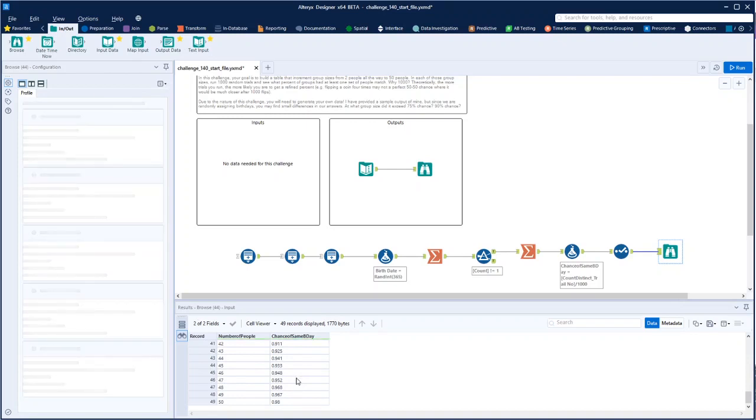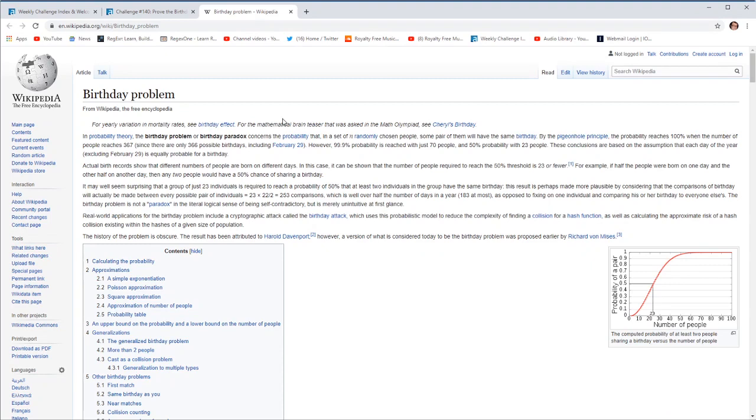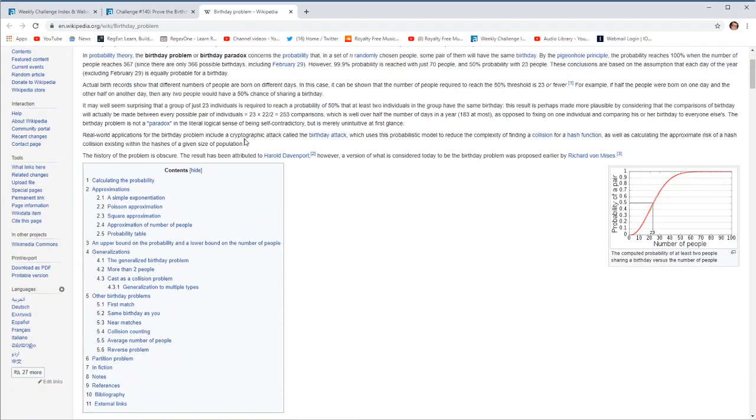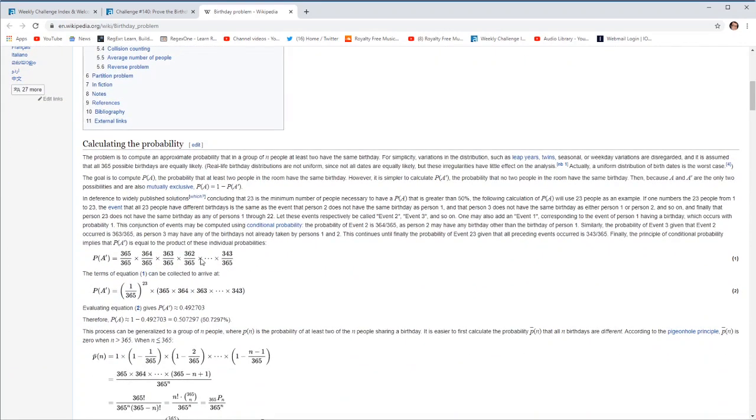Now, when I was looking at this, trying to work out how to do this, I noticed this Wikipedia page telling you about this birthday paradox, this birthday problem. It actually gives you the calculation here, which is the paradox of probability.